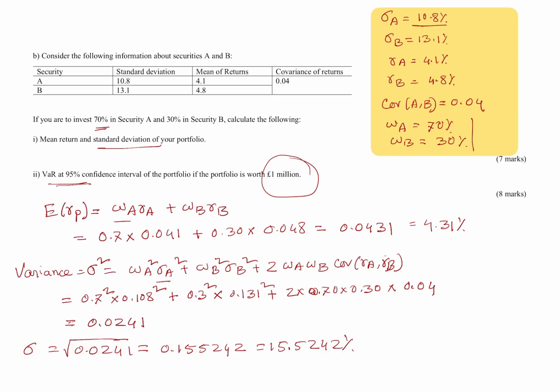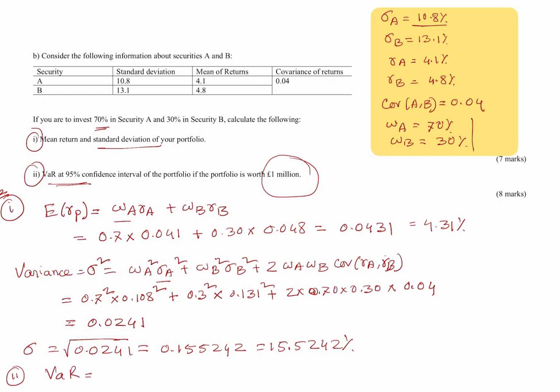So that is question number B I. We need to calculate the VaR, which is very important in terms of finding out the value at risk of that portfolio. We know this formula already.